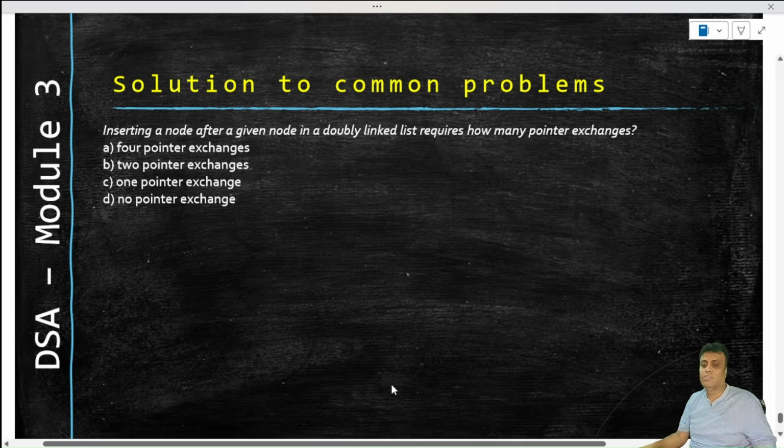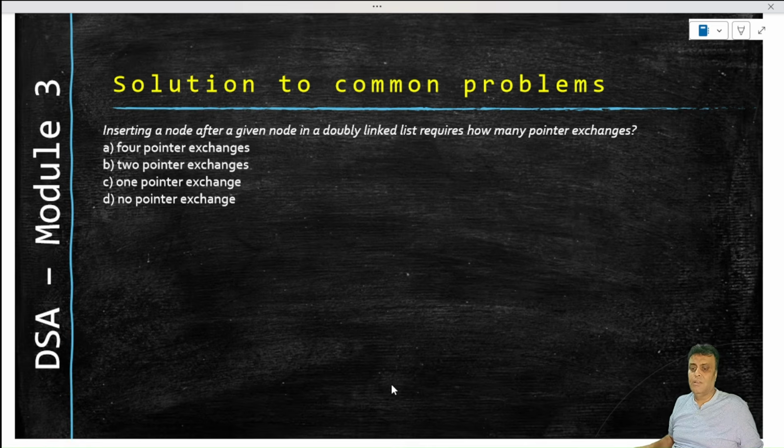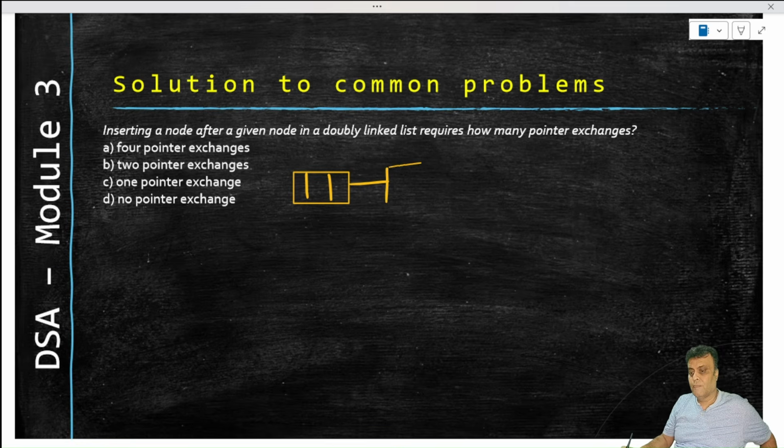Now this is what I was talking about. See, insert a node after a given node in a double linked list. Let's draw the double linked list. Our double linked list will not take too many elements. We'll just try to figure out how many pointer exchanges. And that's what I was telling you, this particular kind of problem will come.